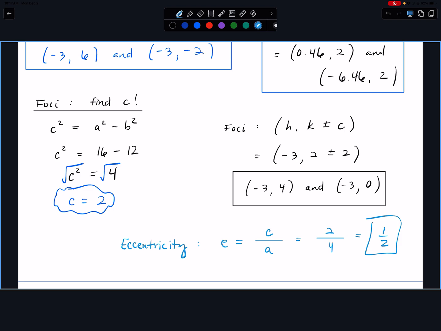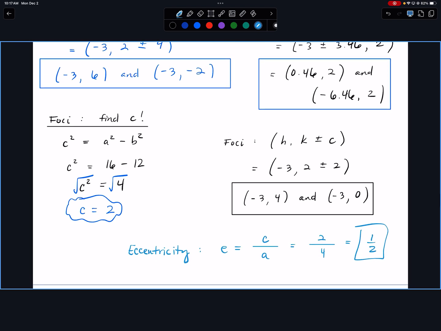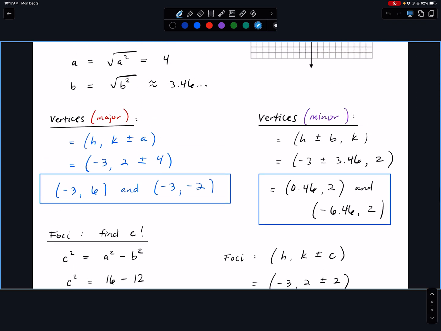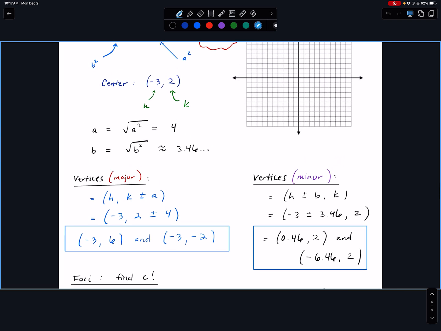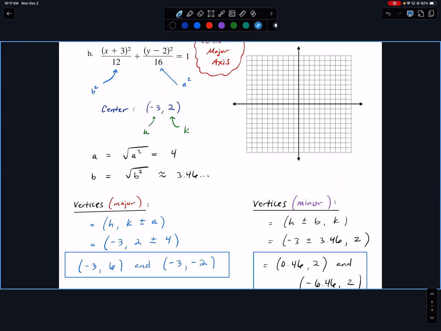Okay, so now let's graph this thing. To graph it, you just need your vertices and your center. You don't need the foci. So what was our center? -3, comma 2. Our horizontal axis is the minor one. The vertical one is longer. So -3, comma 6.